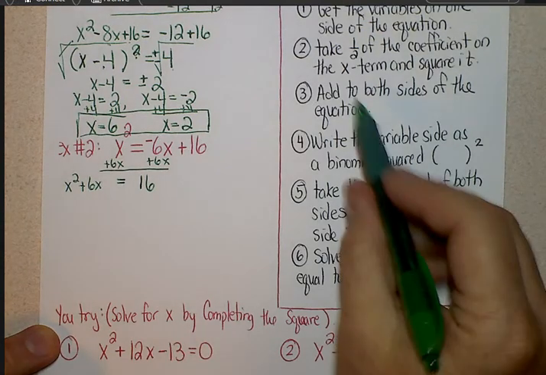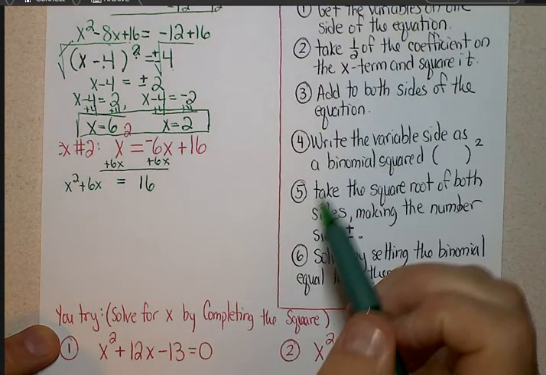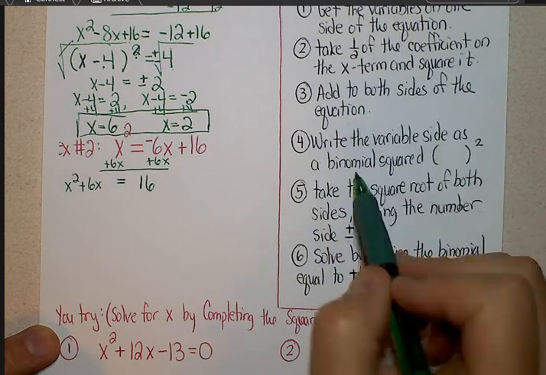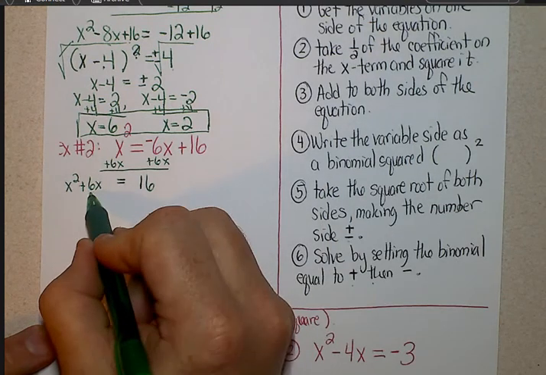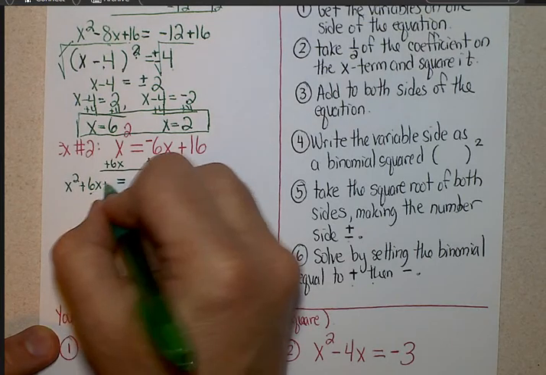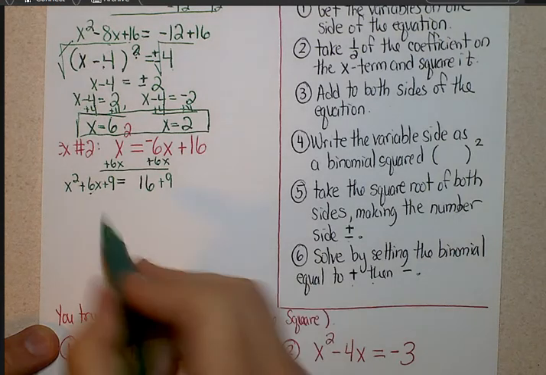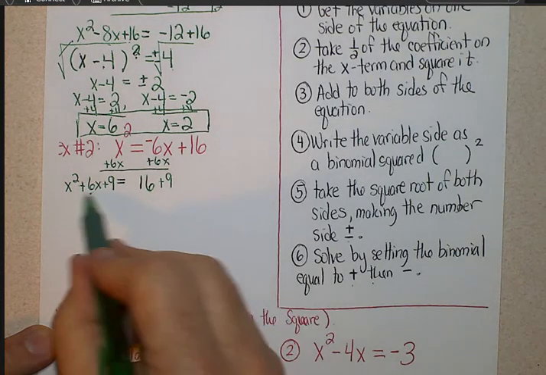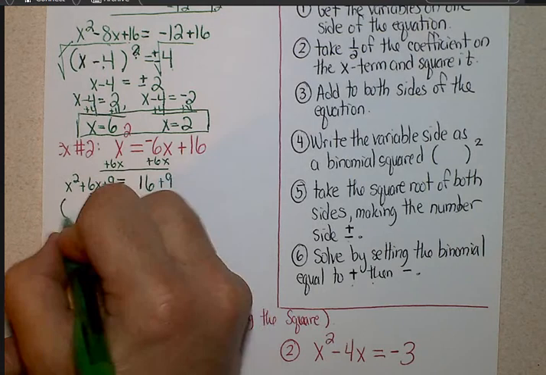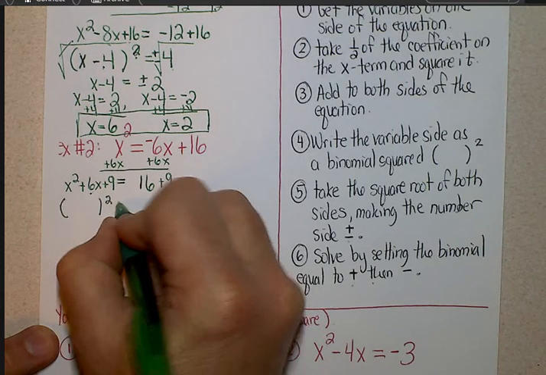Take half of the coefficient of the x term and square it, and then add that number to both sides. Half of the positive 6 is a positive 3. I square a positive 3, I get a positive 9, and I add that to both sides. What I've created over here is a perfect squared trinomial that could be written as a binomial squared equals 25.